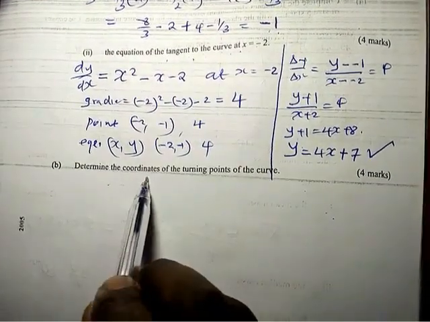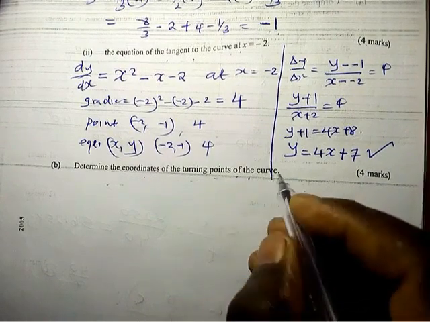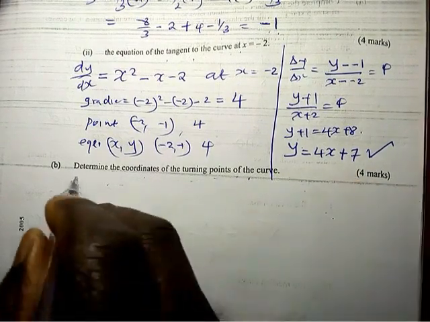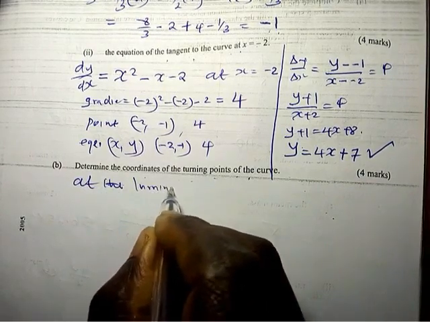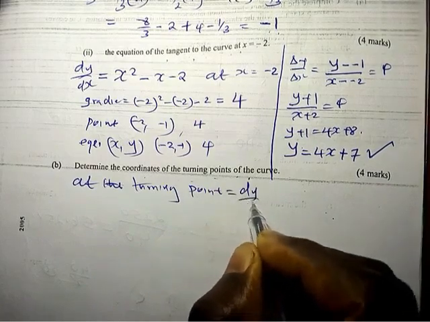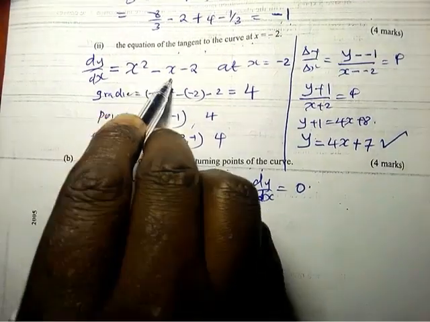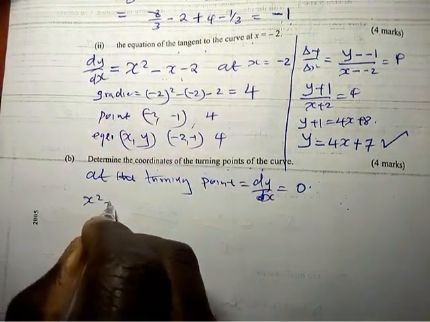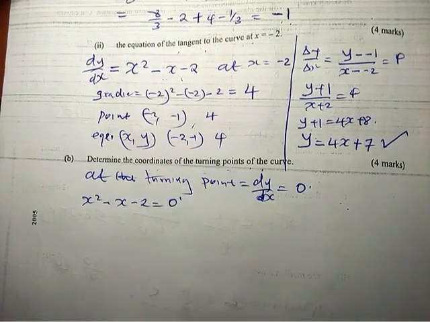Determine the coordinates of the turning points of the curve. At the turning point, the gradient function is equal to 0. So dy over dx, which is the gradient function, is equal to 0. So now we have x squared minus x minus 2 equal to 0. We get the value of x there.